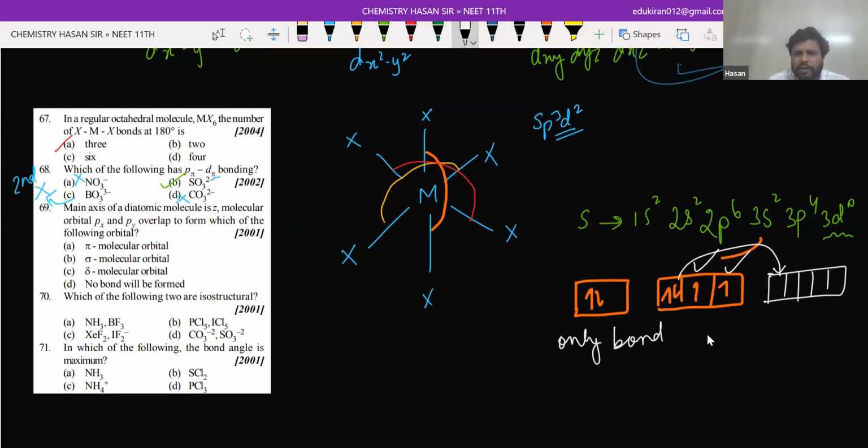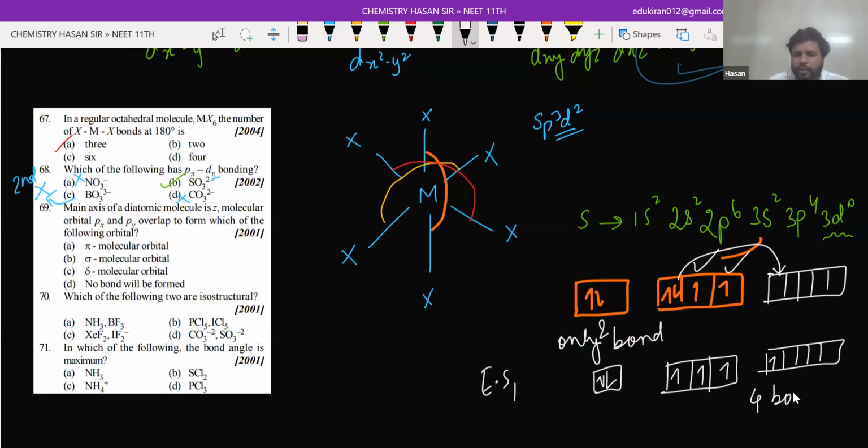When it is in the first excited state, d now has 0. When you excite this first excited state, you can see how many unpaired electrons there are: 4. The ground state had only two bonds, now we will have four bonds, that means four unpaired electrons, so covalency is 4.